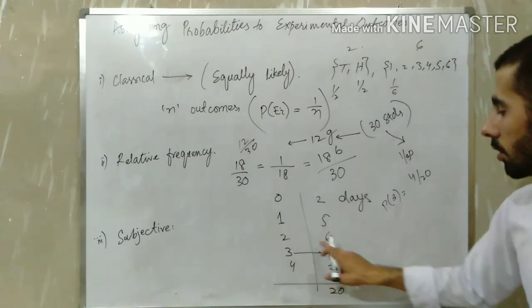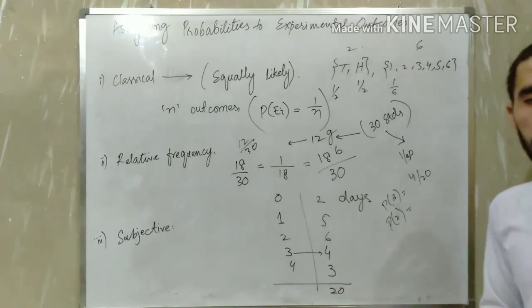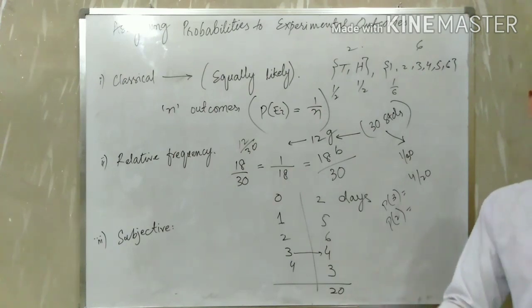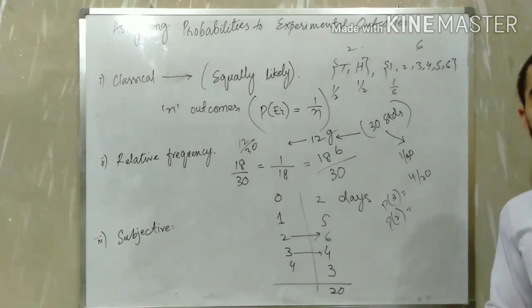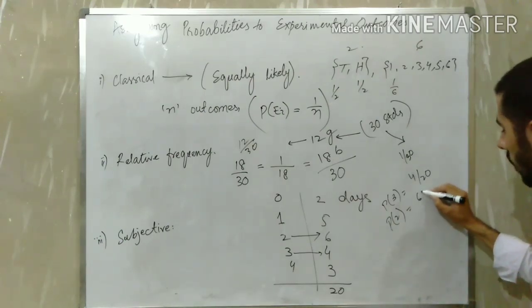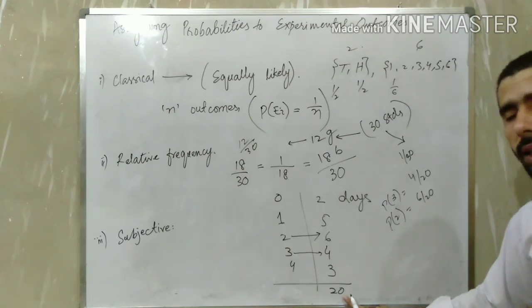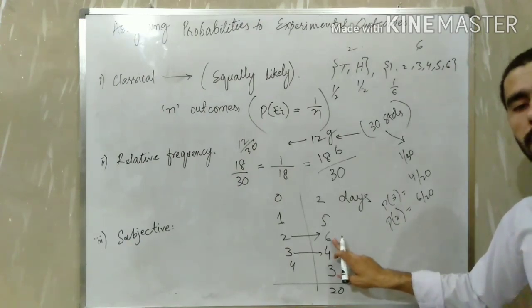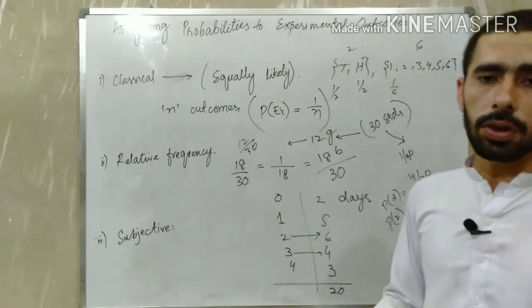Similarly, if he wants to see the chances that 2 people would already be waiting for the doctor when I'm going there, the chances for two patients already available at 9 a.m. are 6 out of 20, because on a total of 20 days, there were 6 days where 2 people were already waiting for the doctor.